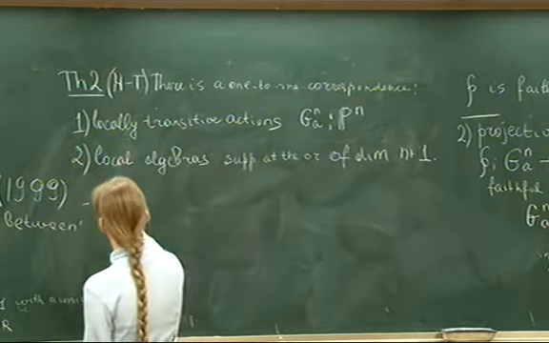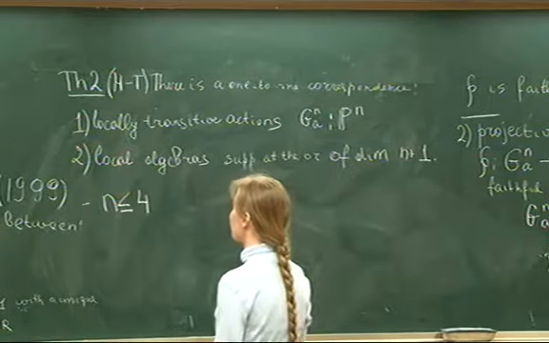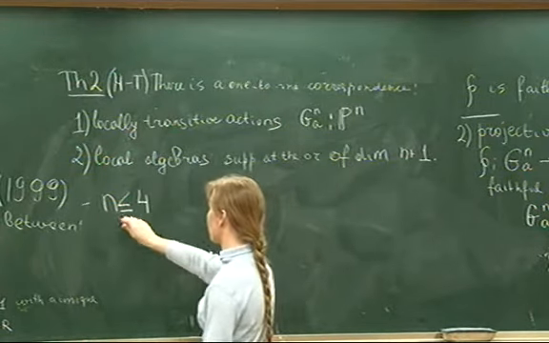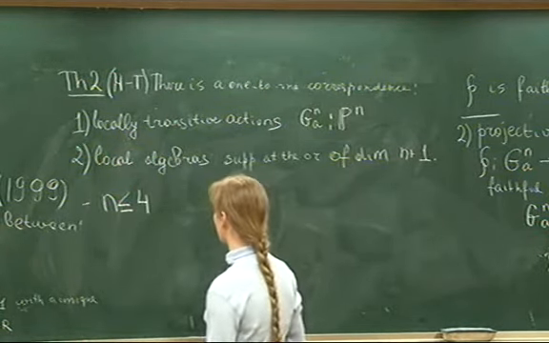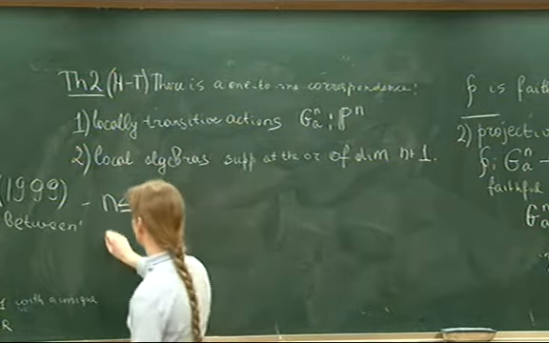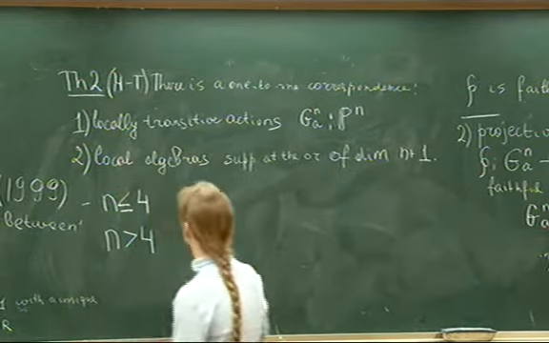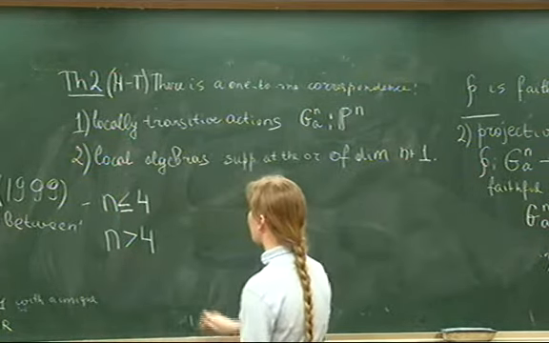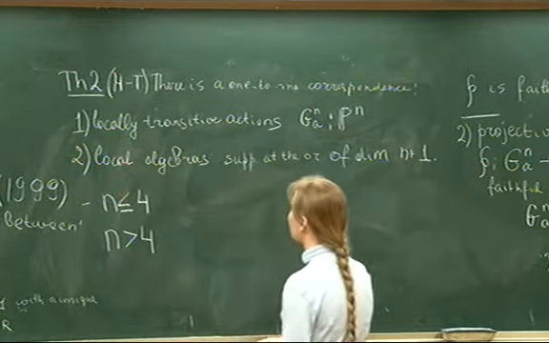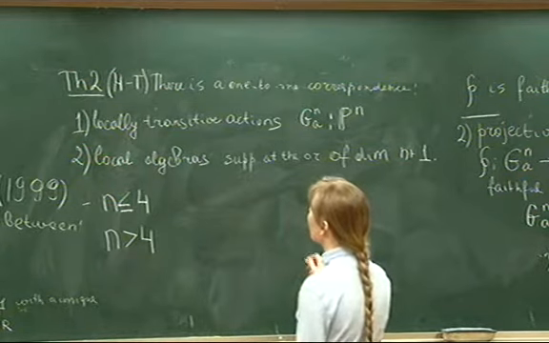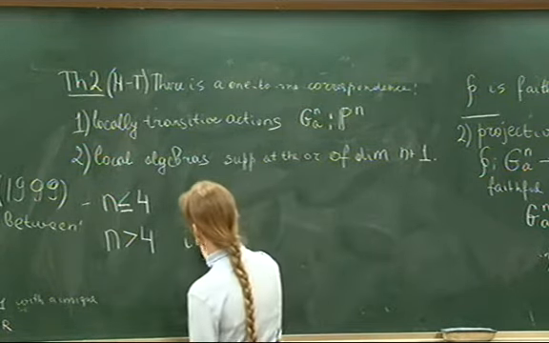There is only a finite number of actions for each such n, and they also showed that if n is more than 4, then for each n there exists an infinite number of locally transitive actions.